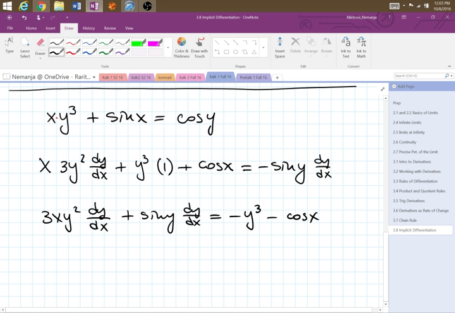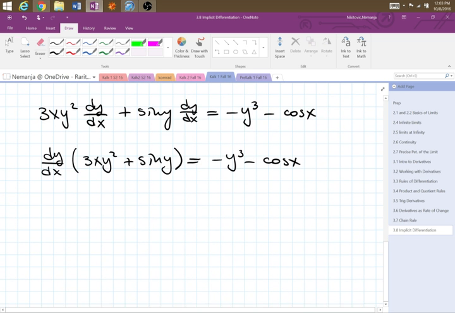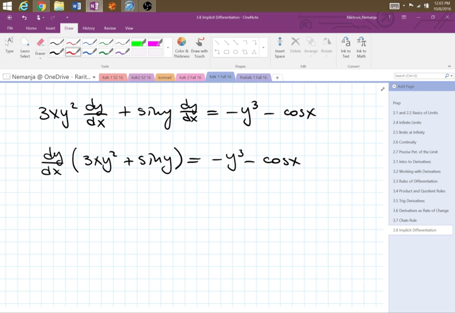At which point I factor out dy dx, and we have 3xy squared plus sine y equal to minus y cubed minus cosine x. Divide both sides by what we don't need.